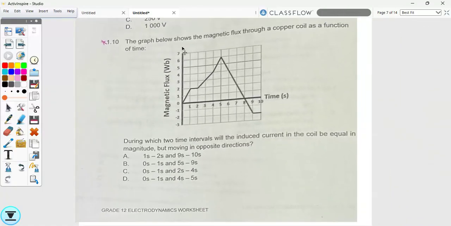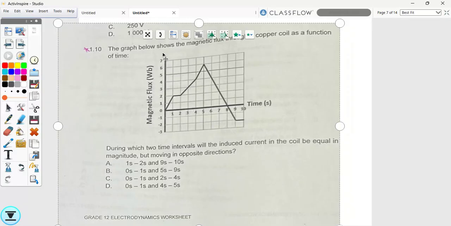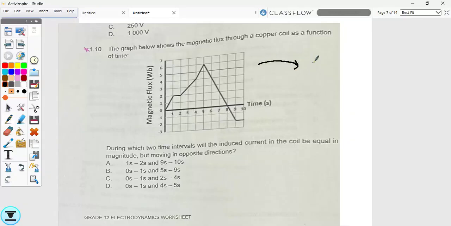Okay, so these are those graphs I always say they want to ask because it's not a normal generator graph. So again, they're giving you the flux and they say during which two intervals will the induced current in the coil be equal in magnitude but moving in opposite directions. Okay, so what you need to think again is that when you're going from this one to an EMF graph, so to a voltage graph, the voltage graph will be minus the gradient.